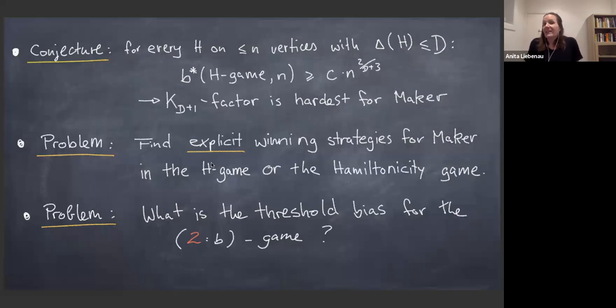So can you find an explicit winning strategy for the H game, for the Hamiltonicity game, or for the clique-factor game? And finally, I mentioned this before, that our bias, the strategy for Breaker, really depends on Maker being able to only claim one edge per round. So what happens if you allow Maker to claim 2 edges per round? I don't know. And that's where I finish.